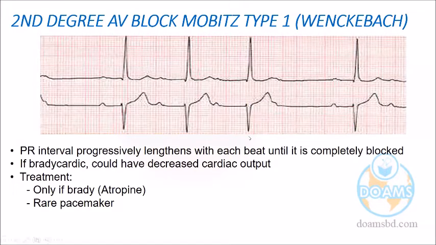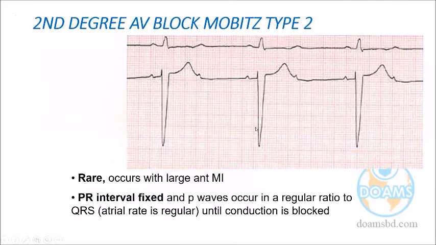So we discussed the Wenckebach phenomenon, or Mobitz type 1, second degree AV block. And now we come to the second degree AV block Mobitz type 2. Usually it is uncommon, but it is actually worse than the previous type, no doubt, and occurs in myocardial infarction, especially anterior myocardial infarction. That means the conducting system, the specialized heart muscle, is also ischemic, so there is no conduction.